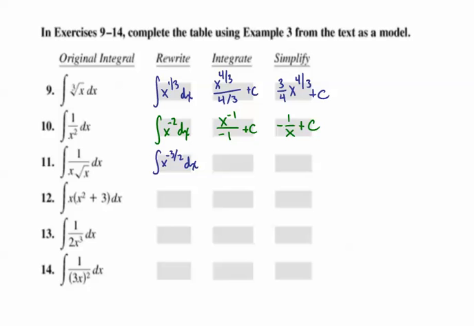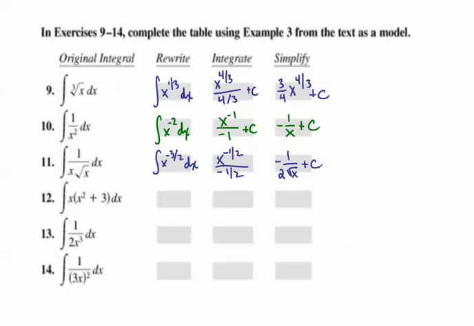For the integration, we're going to increase by 1, so that would be x to the -1/2 power divided by -1/2, or -1 over 2 square root of x plus c. So x to the -1/2 is 1 over square root of x.